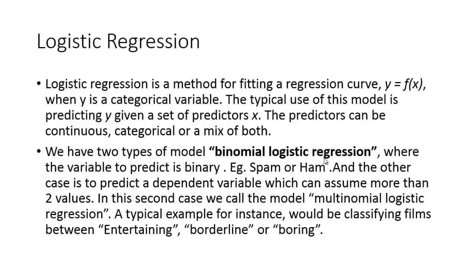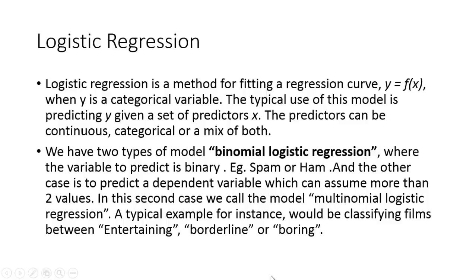What logistic regression does is it fits a regression curve where y is a categorical variable between certain predictors. Like there was a function in linear regression, y equals alpha plus beta x. What logistic regression does is it transforms this function into a probability function in which this line equation comes in e to the power something.